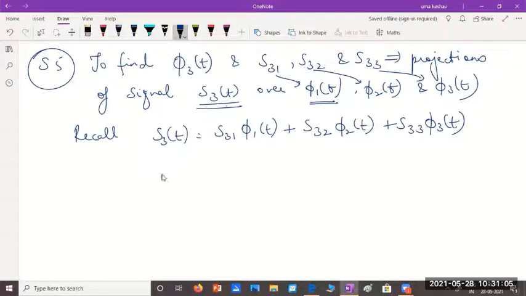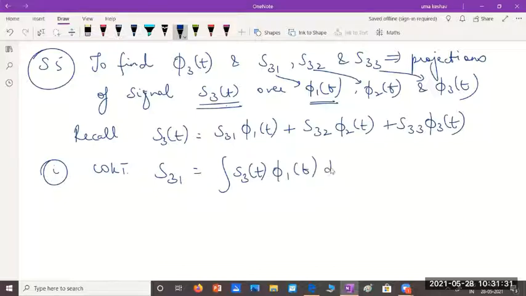As usual, how do we start finding? So first, sub-steps in this. Let's find S31. How do I define S31 and S32? Do you remember? The projection of a given signal over a given orthonormal basis function is that signal into the orthonormal basis function integrated over one time period t.